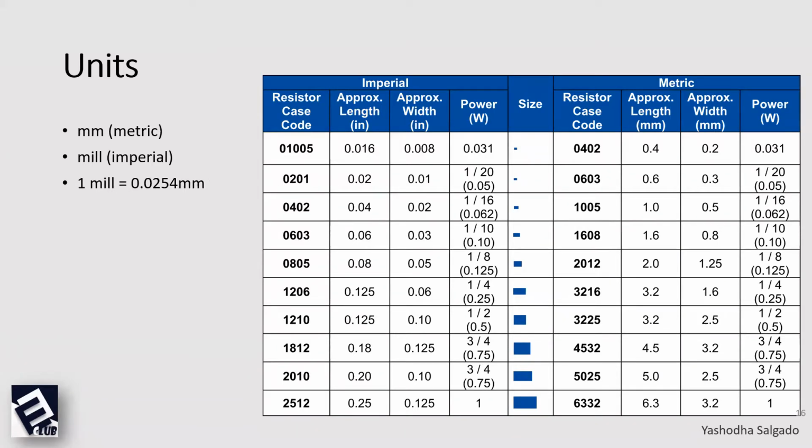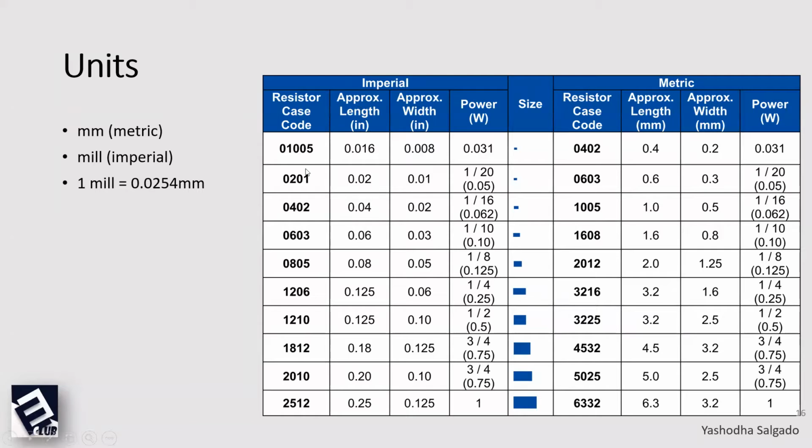In the PCB area, we are mostly using the imperial unit system, meaning mil. Okay, one mil is equal to 0.0254 millimeter, which you can see, right?